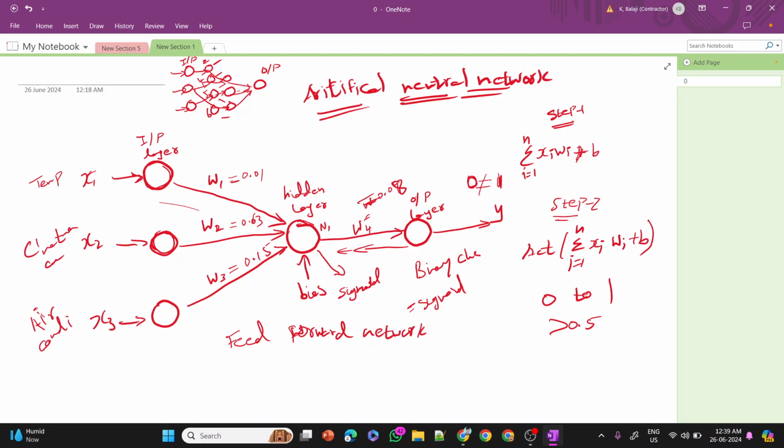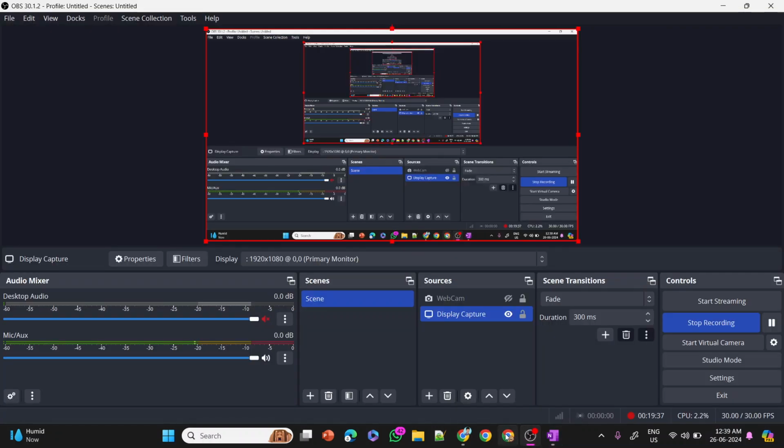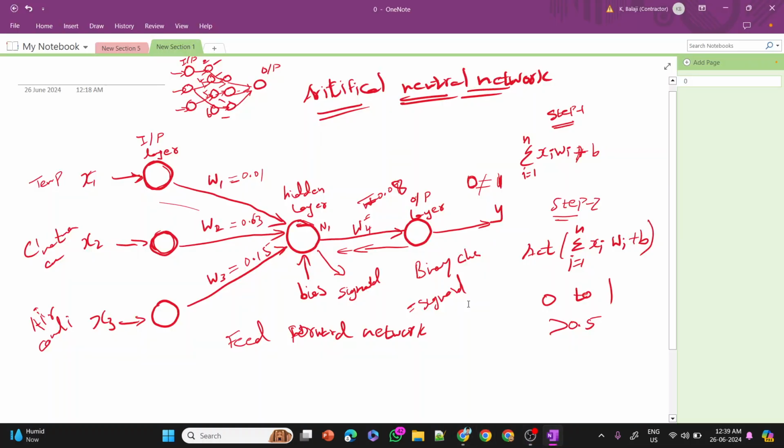This loop repeats until we get the actual output. Like this only, an ANN works. This is the overall architecture.